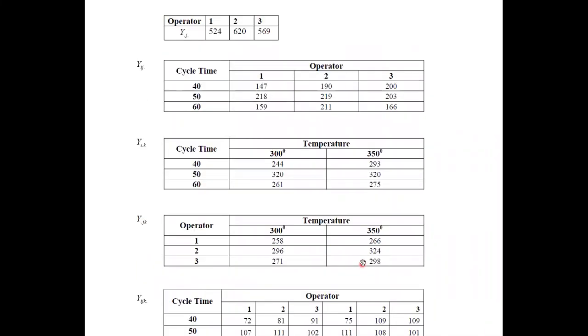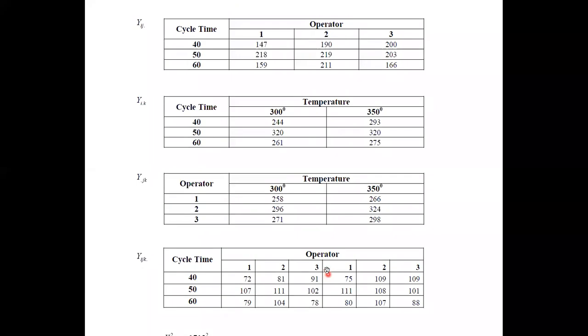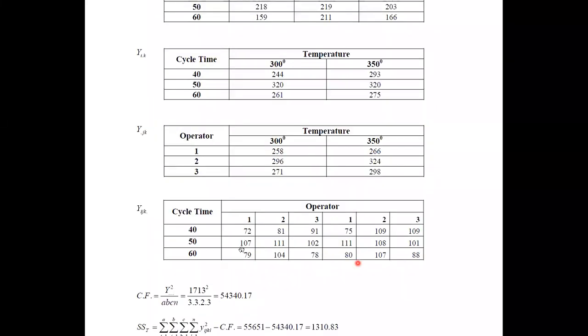And thereafter we need to take the summation of these three-way interactions. It means that for the operator, as well as for the cycle time, as well as for the temperature also, we need to identify. Here this is the operator.